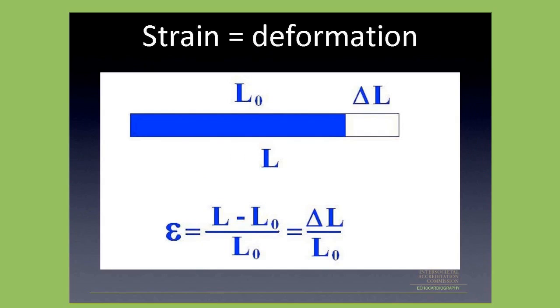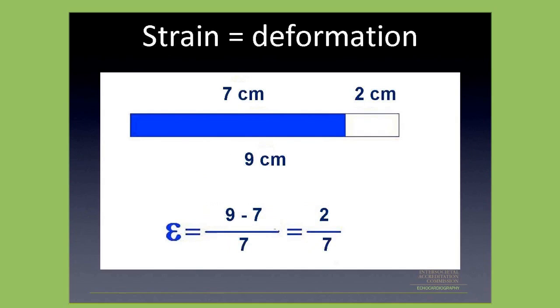If I were to calculate the deformation of this blue bar going to the extension of the blue bar, I will do the following mathematical calculation. The change was 2. I am going to normalize it to the original shape, which is 7. So the strain will be 2 divided by 7, and this is how I come up with the 28% strain for this particular case.